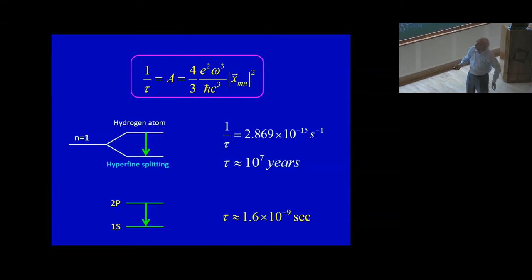And that, those of you who have studied quantum mechanics, is called hyperfine splitting. And the transition probability from that upper level where the electron spin and the proton spin are parallel to the lower level where they are anti-parallel is not a nanosecond, but it is 10 to the 7 years.